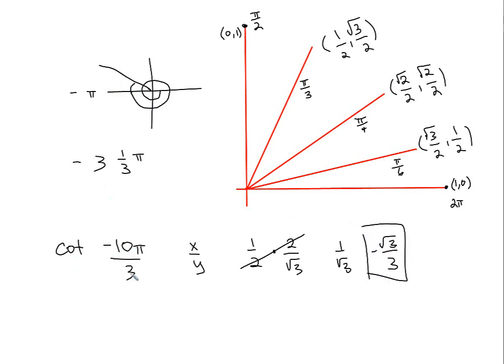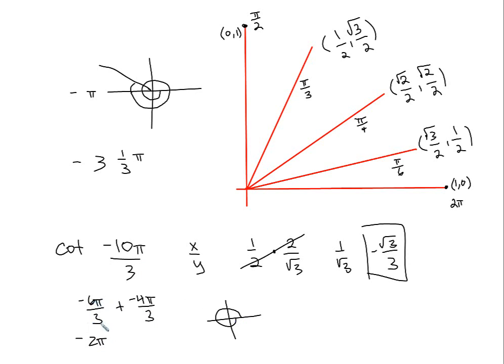The other way to do this, remember, we can split this up. Basically, negative 6 pi over 3, that's negative 2 pi. And then, well, we're getting to negative 10 pi over 3, so we need to add an additional negative 4 pi over 3. So this means we go around the circle one revolution, one time.